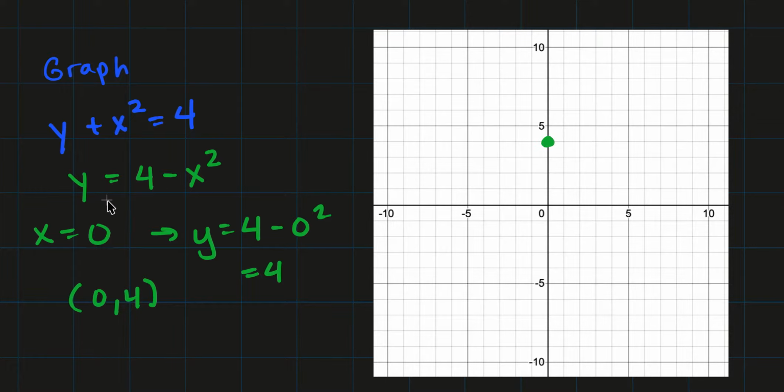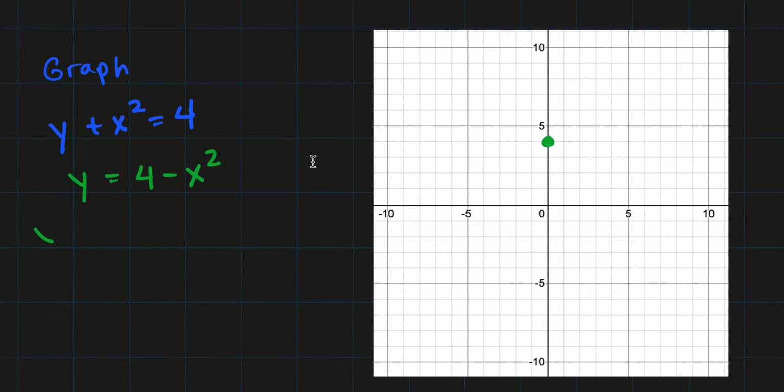Let's try another one. Let's say x is equal to 1. What do we get? Well, we get y is equal to 4 minus 1 squared, so it's equal to 3. So we have the point 1, 3. So 1, 2, 3, right here. Let's choose another x.